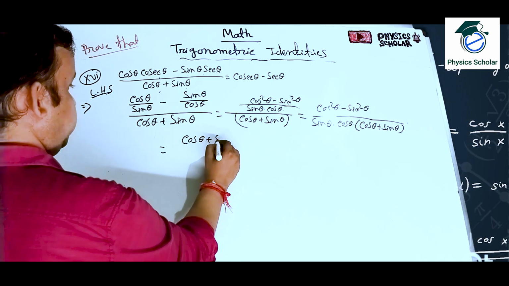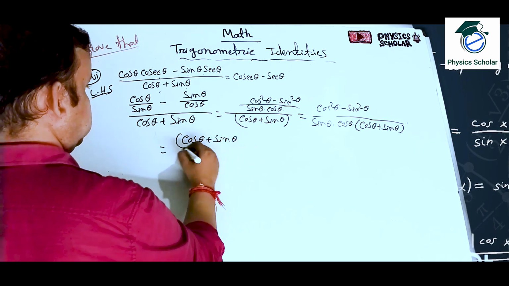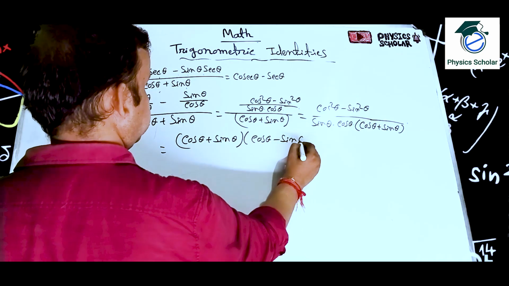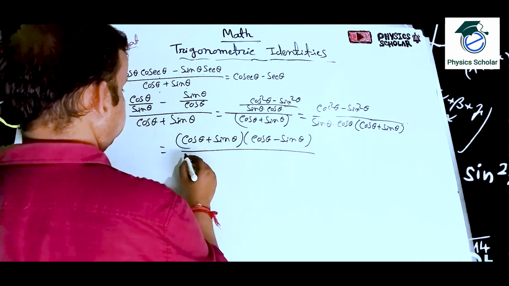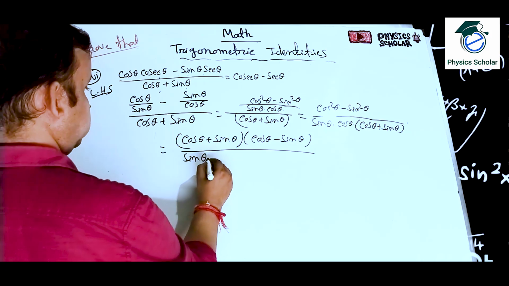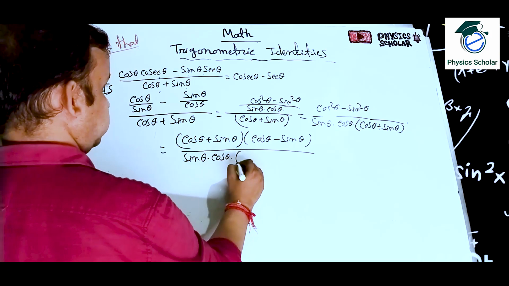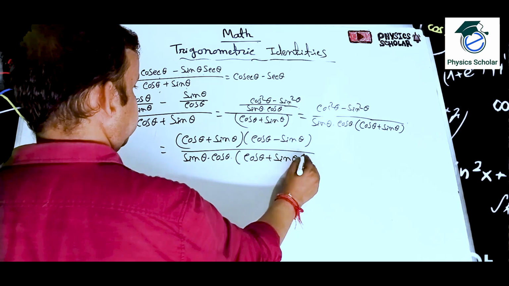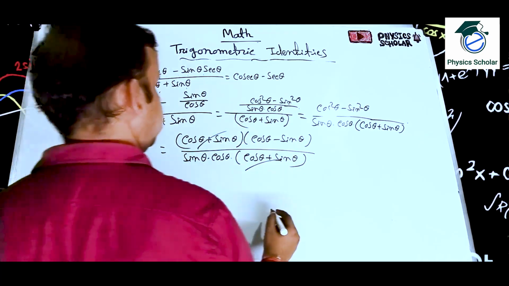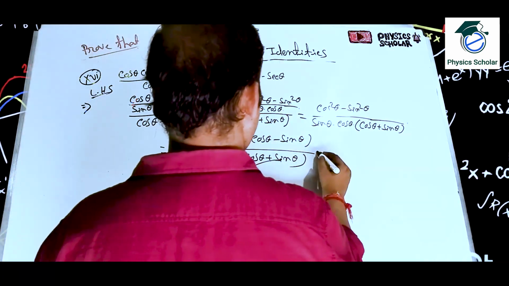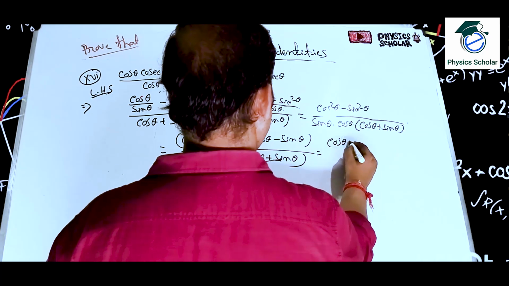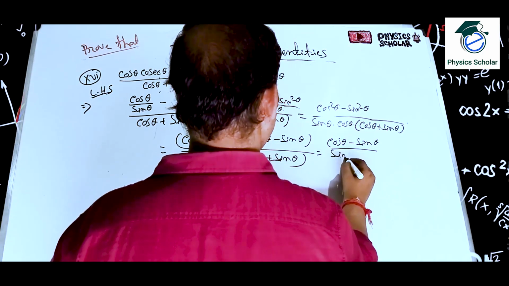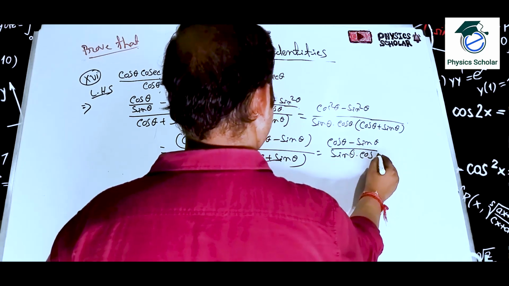Cos theta plus sin theta into cos theta minus sin theta whole divided by sin theta into cos theta into cos theta plus sin theta. So this and this will be cancelled. So what is that? Cos theta minus sin theta divided by sin theta into cos theta.